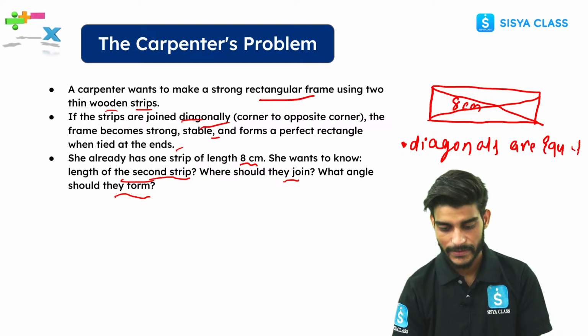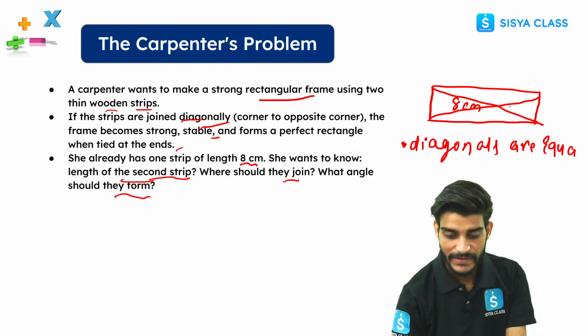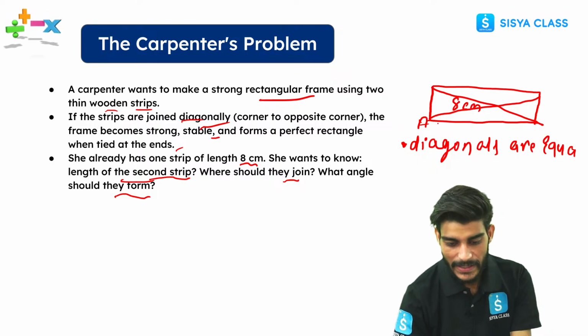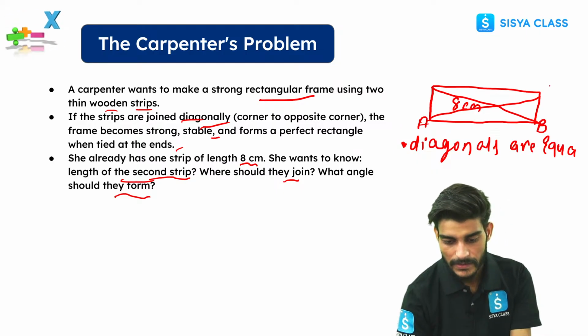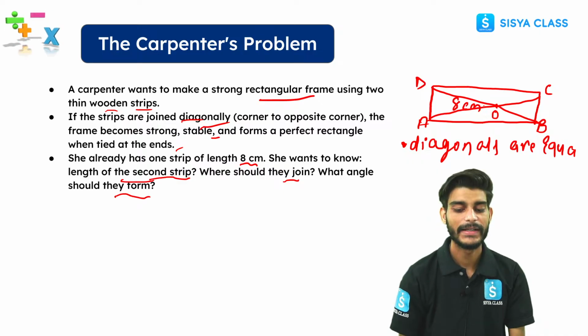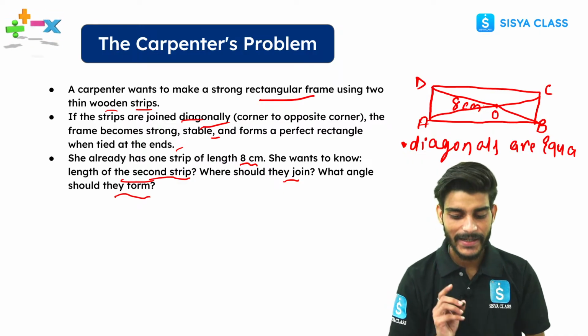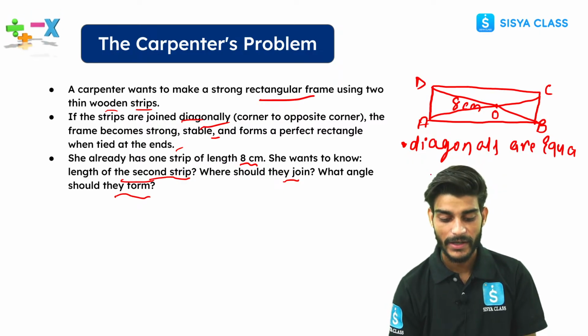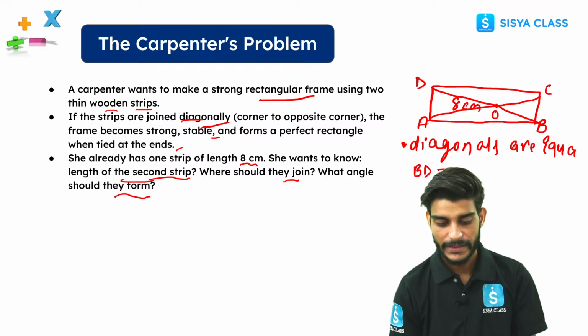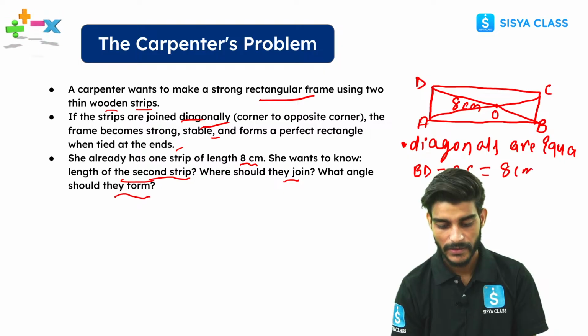So if diagonals are equal, let's name this as A, B, C and D, and this point as O, the intersection point. BD is given as 8 centimeter. So BD equals AC will be 8 centimeter only, right?